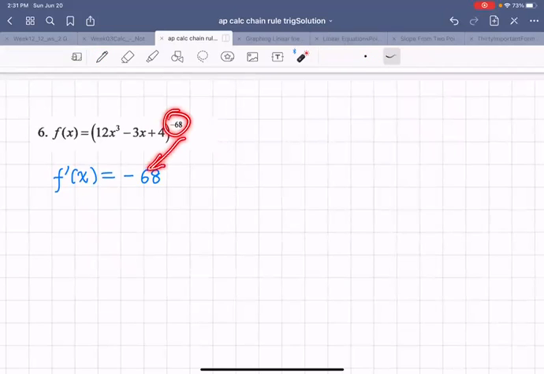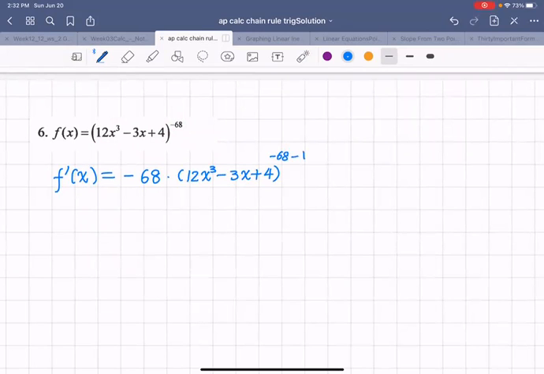And then to the power of this guy, copy down to the power of -68 minus 1, right? But the inside here is not just the x. This guy is also a function. So we have to do the chain rule. We want to do this guy prime, yes?